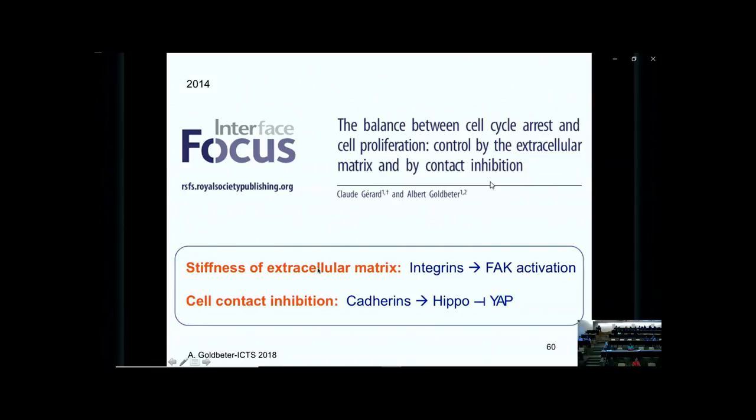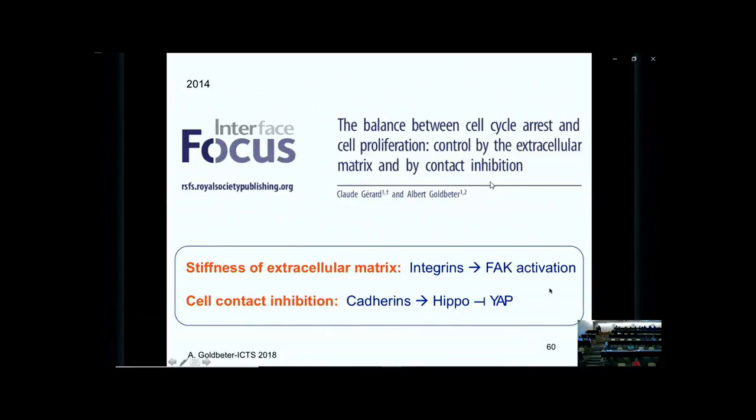And also cell contact inhibition, which is affected by cadherins present at the membrane. And cadherins act by activating the Hippo pathway, which leads to inactivation of a transcription factor called YAP, which inside the nucleus elicits cyclin synthesis.